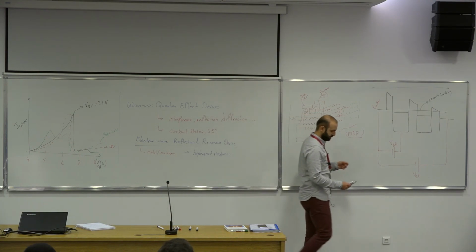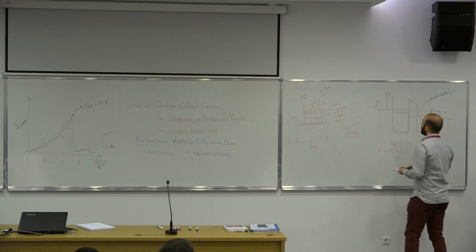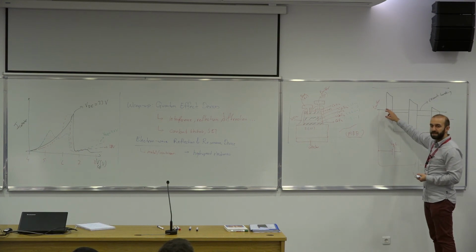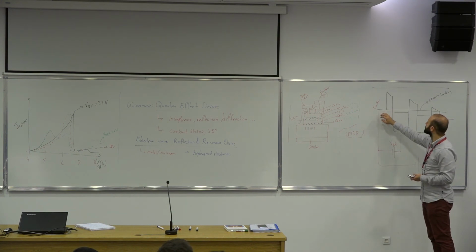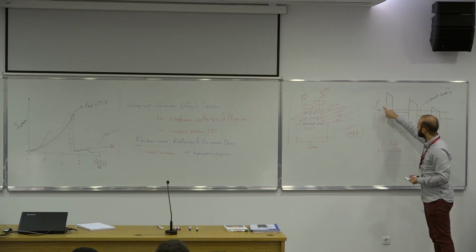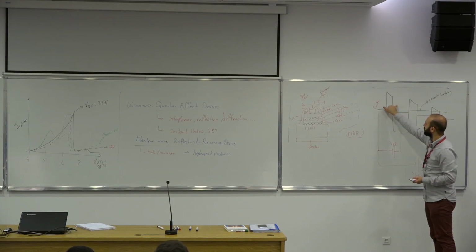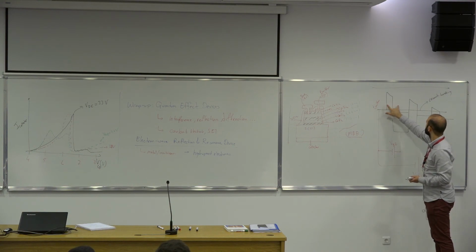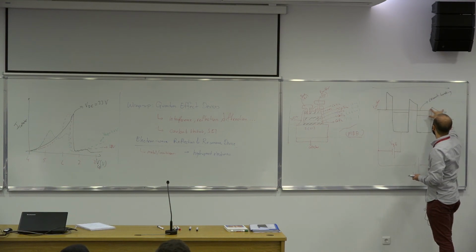Because we need to see basically how we tune the resonant tunneling condition, which comes from the fact that you start with an electron here, and you have a certain tunneling probability here, and a certain tunneling probability here and here.